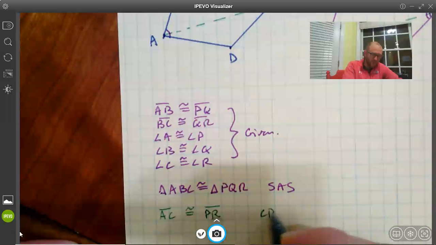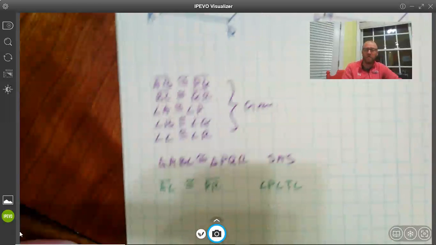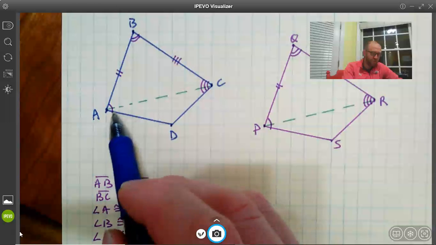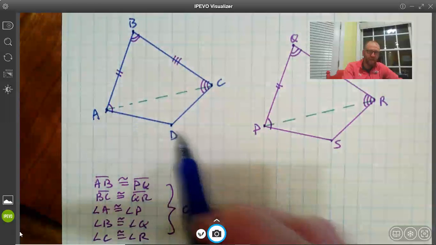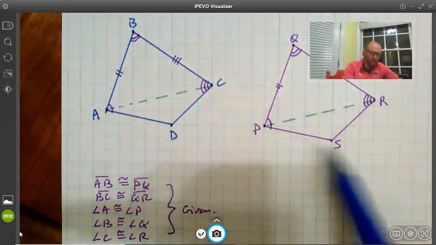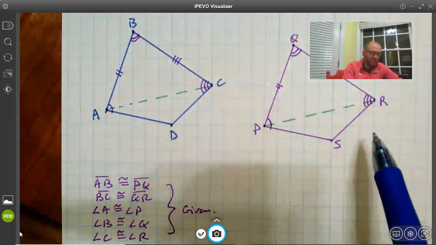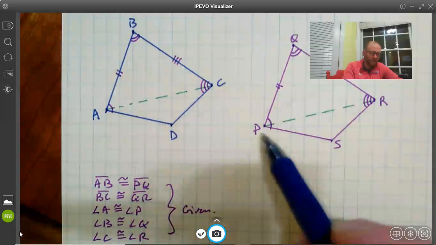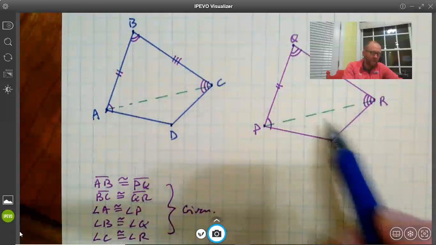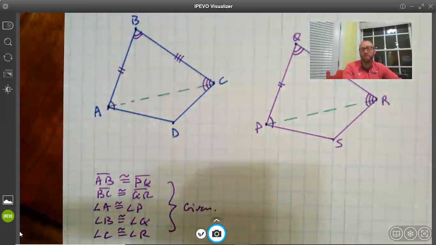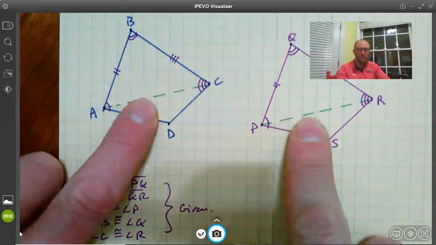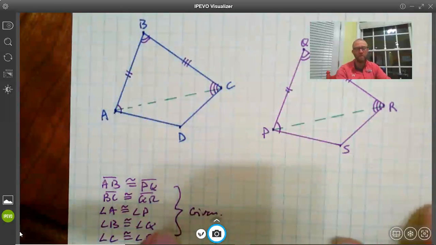And that is corresponding parts of congruent triangles are congruent. Okay, so now, if we can just show that angle CAD is congruent to angle RPS, and that angle ACD is congruent to PRS, then we would have that these two bottom triangles are also congruent, because we would have angle side angle, right?